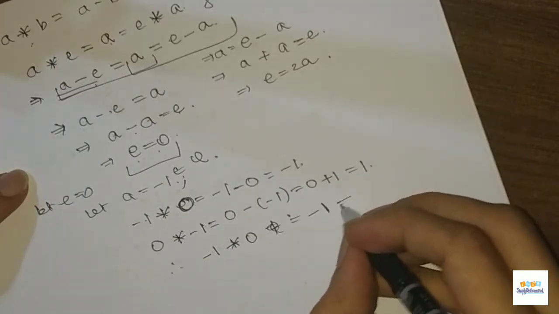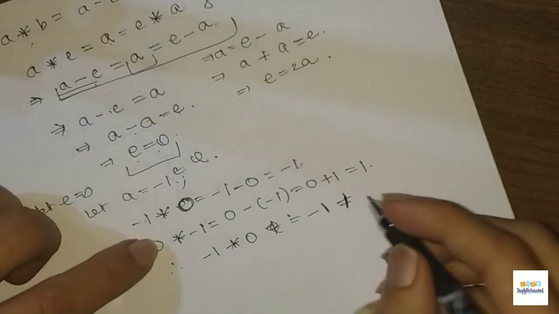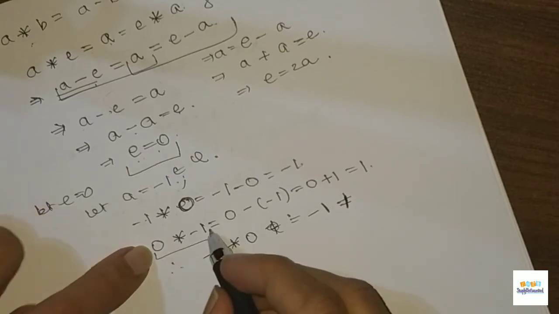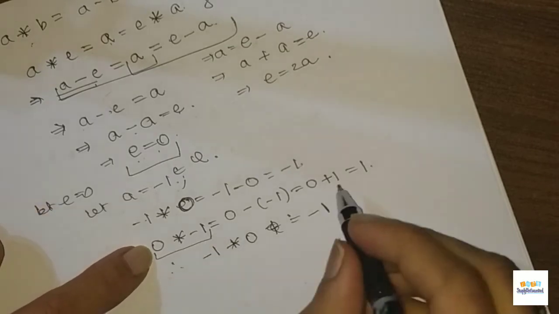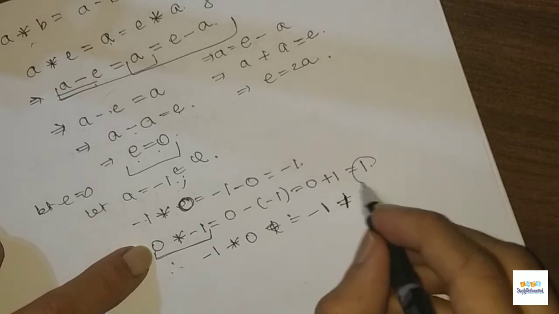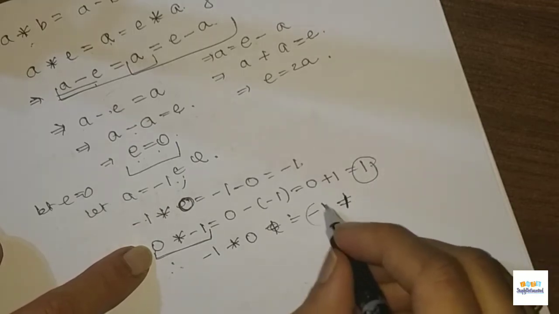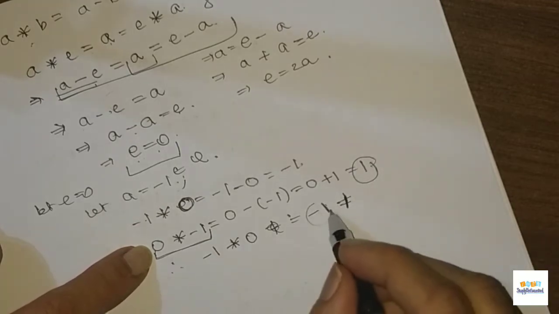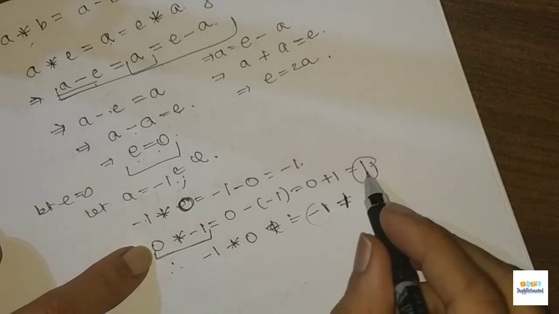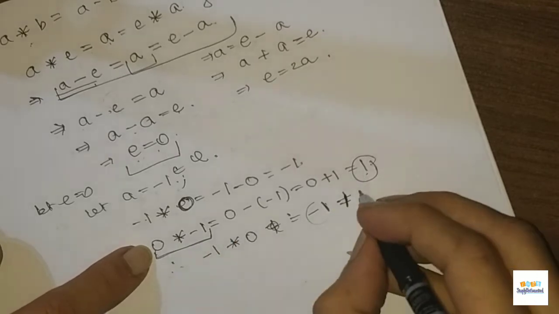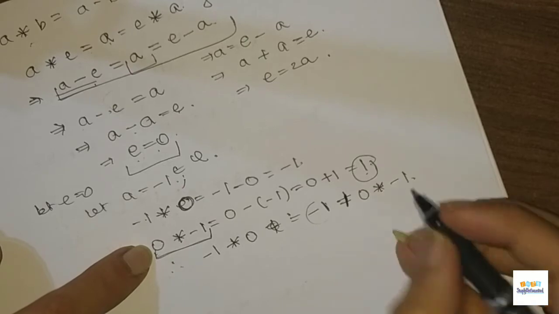But what happens here? This -1 is not equal to 0 star -1. Why? Because 0 star -1 is 1, not -1. So 1 is different from -1, so -1 is not equal to 0 star -1.